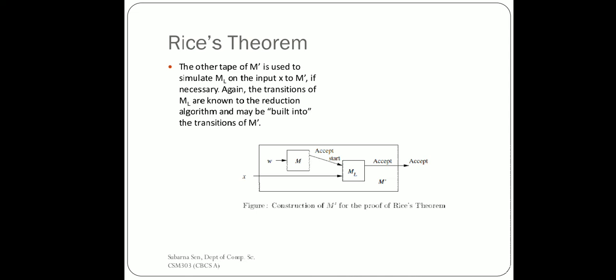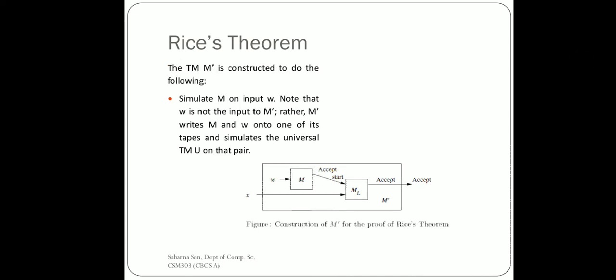Now how will it work? Simulate M on input W. Note that W is not the input to M dashed. Rather, M dashed writes M and W onto one of its tapes and simulates the universal TM U on that pair.